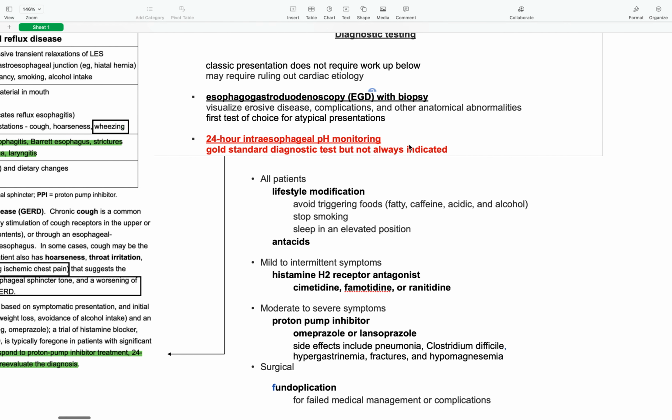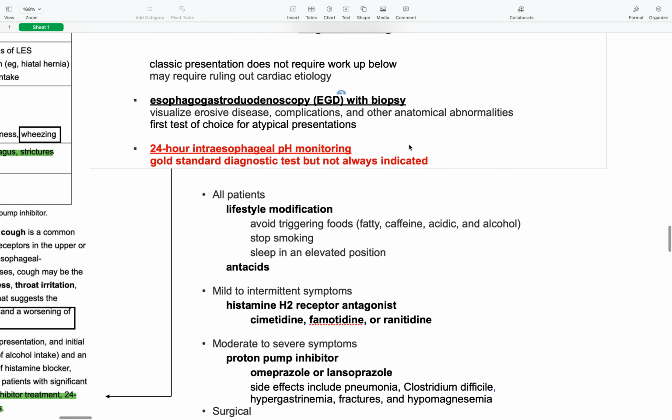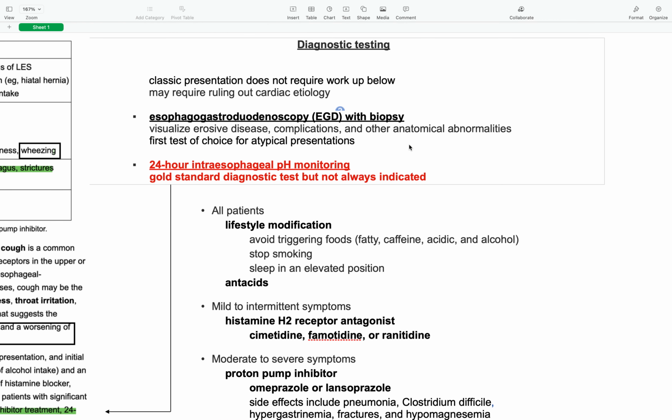Okay, your diagnosis is clear, so you don't want to do any extensive workup. Provided you always want to rule out cardiac etiologies. Okay, so if you have any suspicion of cardiac causes, you would first rule out those before coming to a conclusion of GERD.